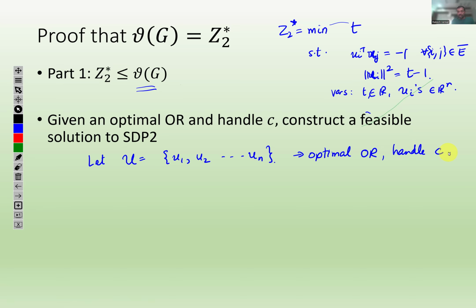So now what are the vectors that I will define which give a solution to the semidefinite program? Just for clarity, I'm going to rename these vectors as V's, because I'm already using U's as my optimal orthonormal representation. Otherwise, there'll be too many U's floating around. So here's a feasible solution.